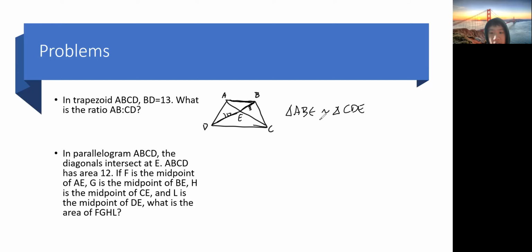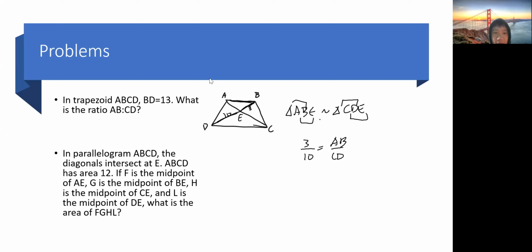Okay, and this symbol means they're similar. Okay, so if this is true, then the ratios of the corresponding sides are equal. So the ratio of BE to DE, which is 3 to 10, is the same thing as AB to CD. Okay, so it's just going to be 3 over 10.